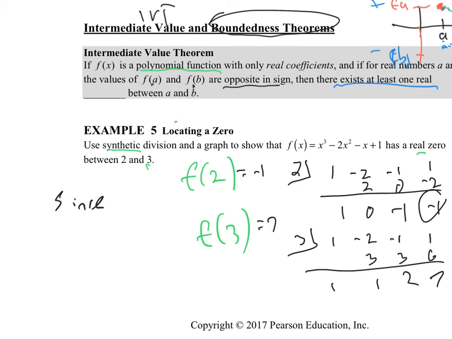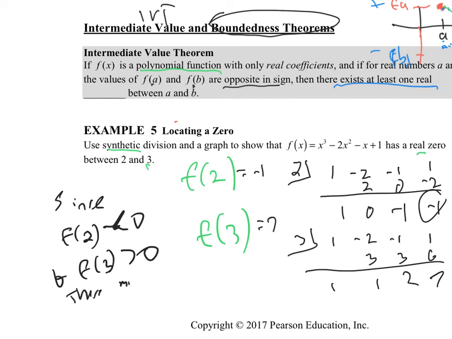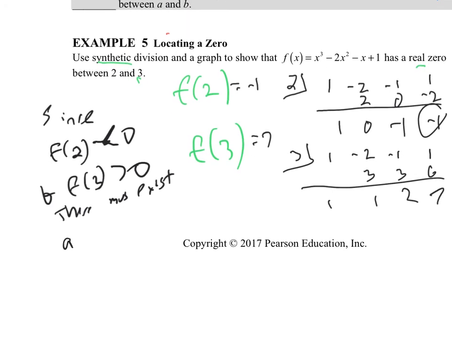Since f of 2 is less than 0, and f of 3 is greater than 0, there must exist a 0 at x equals c, where c is less than b but greater than a.